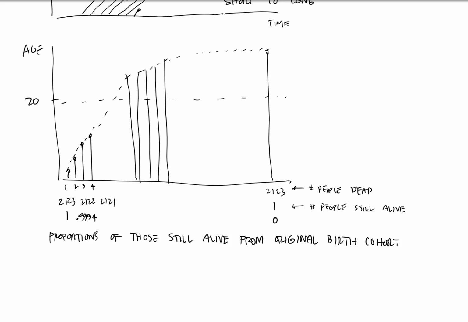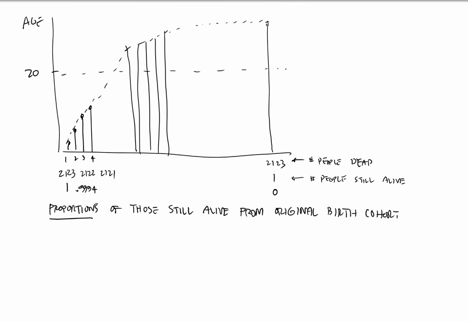And if we're talking about proportions, then we set this thing at 100% out here. In some life tables, that's actually set for a number like 1,000 or 10,000 or 100,000, and then they'll just count proportions.